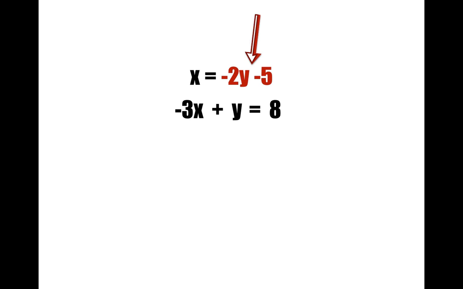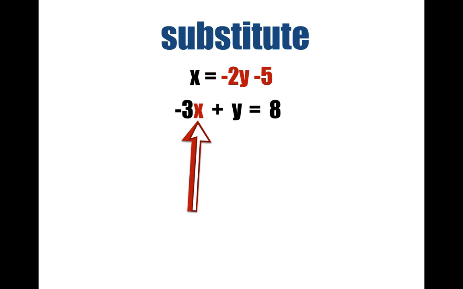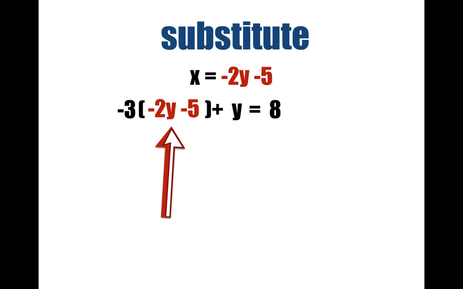Now that I have the value for x, I can look to my second equation and look at the x in the negative 3x. I know what the value of that x is now, and I can substitute. I can substitute the x for negative 2y minus 5. So negative 3 times x is actually negative 3 times negative 2y minus 5.